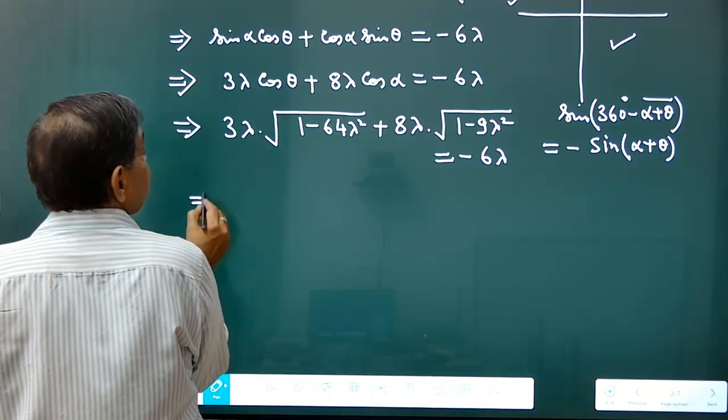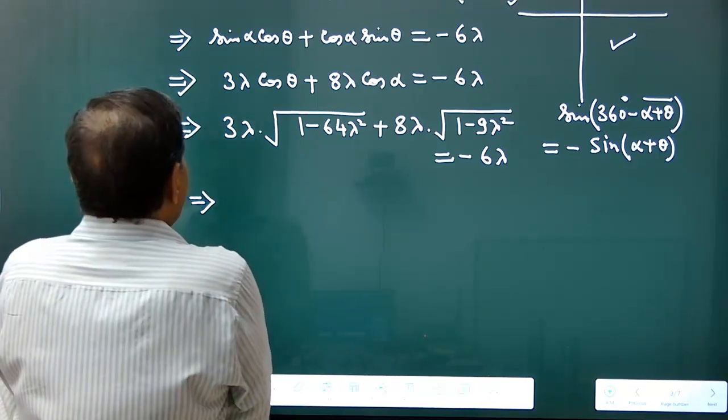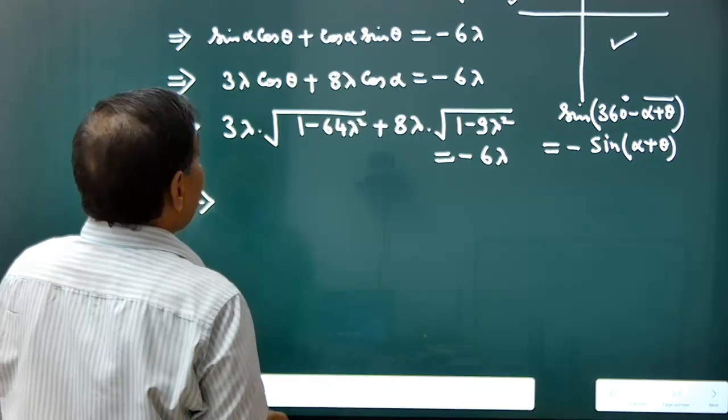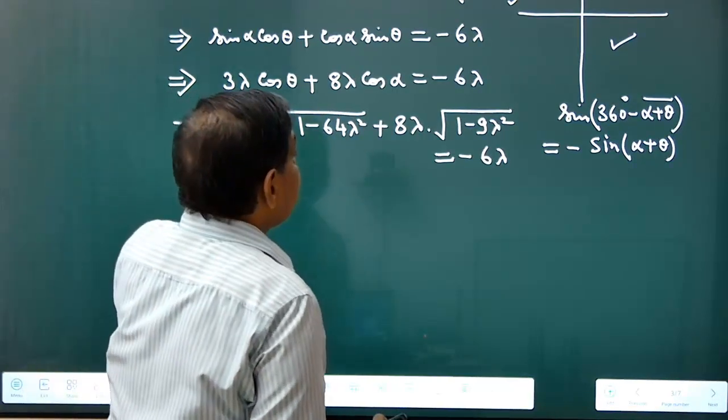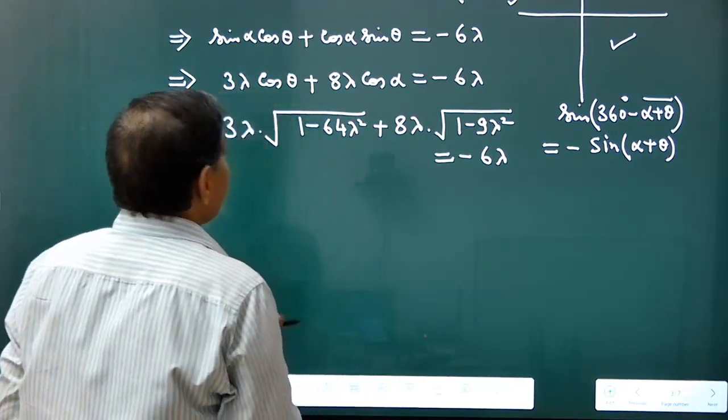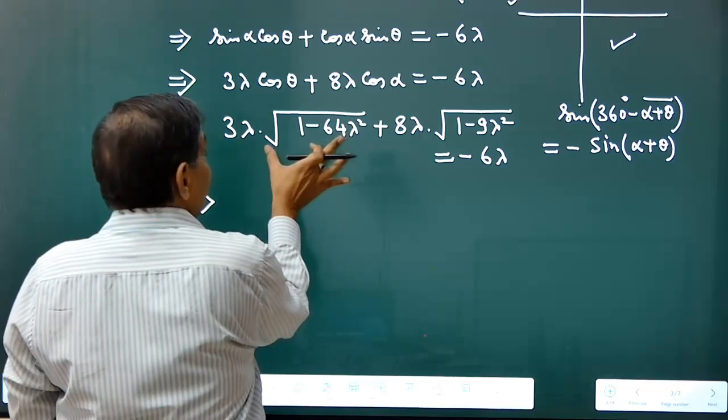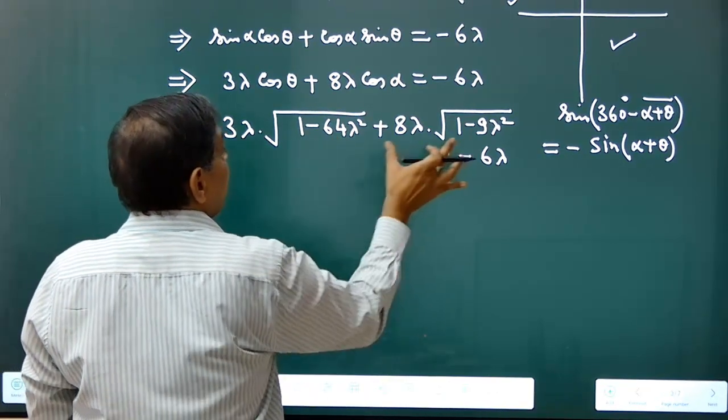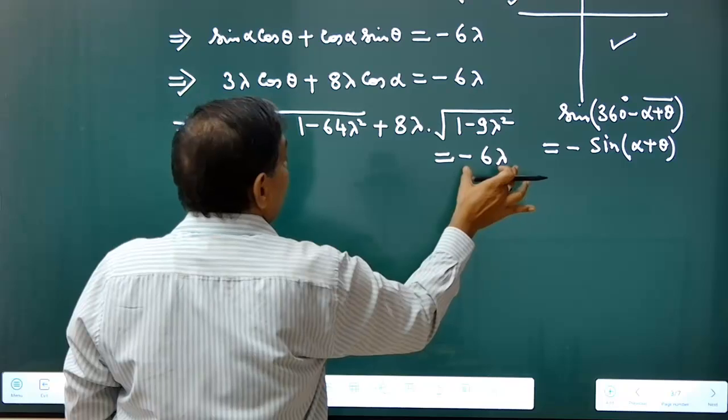This implies I can take lambda common and cancel, since lambda cannot be equal to 0. So from this term I take lambda common, this also, and this also.